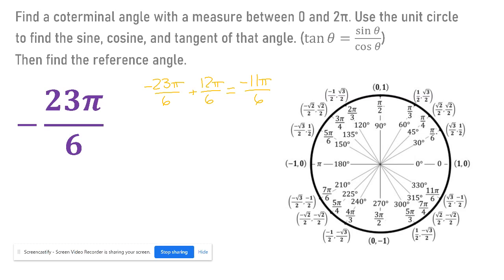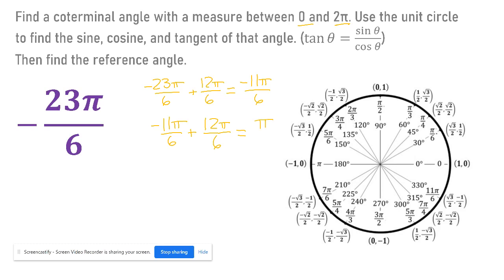Well, I'm still not between 0 and 2 pi, so I need to do it again. I need to find another coterminal angle, and hopefully this one will be in the right spot. So now I'm going to take negative 11 pi over 6 and add 2 pi again. So I'm going to add positive 12 pi over 6 one more time. And when I do that, negative 11 and positive 12 gives me positive 1.